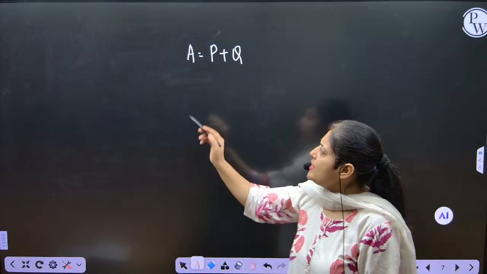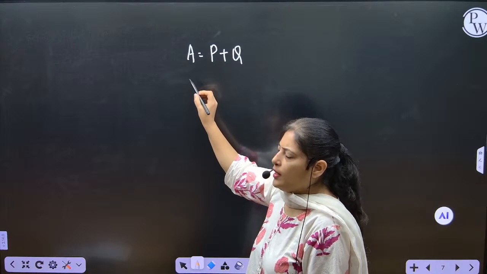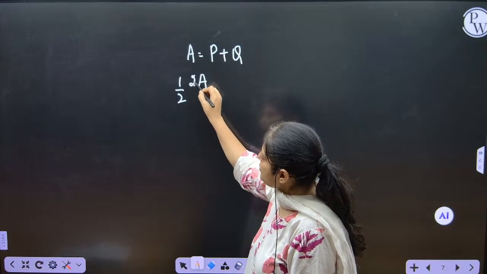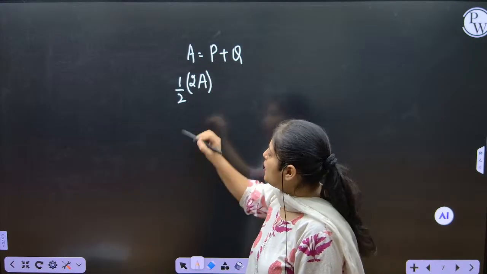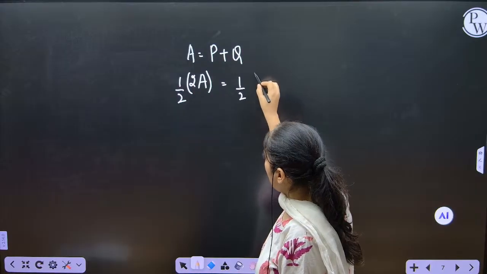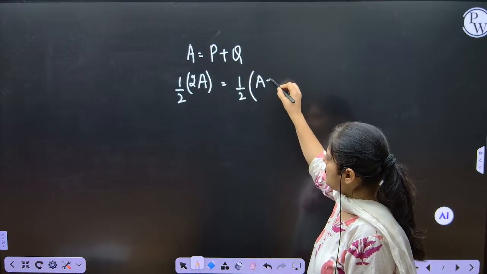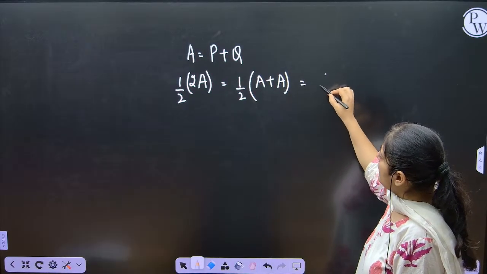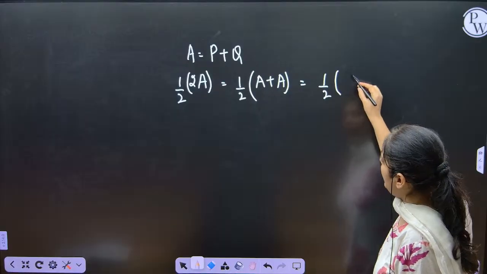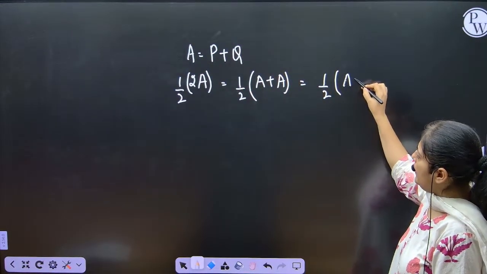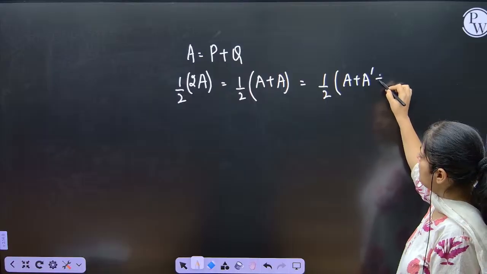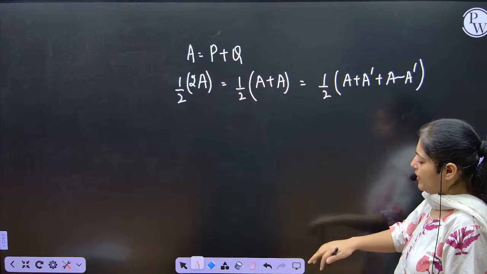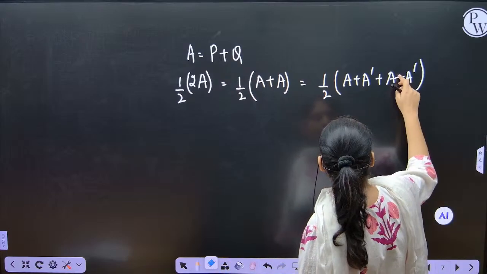I can write A as 1 by 2 of twice of A. Twice of A I can write as A plus A. This A I can write as A plus A transpose. What I have done here is I have added and subtracted A transpose.